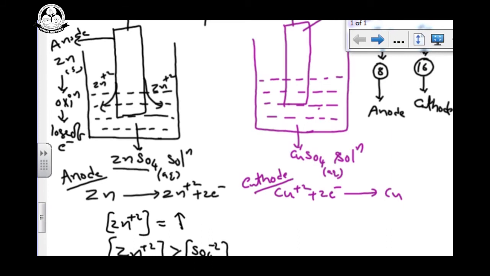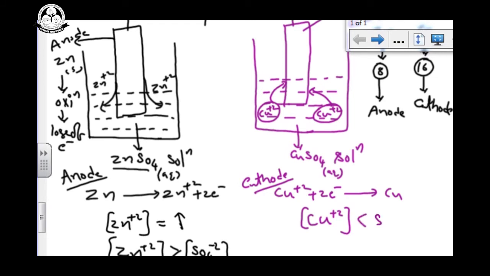Now, carefully observe copper ions. There are copper ions in our solution. Copper ions become copper, meaning these copper ions move towards the copper electrode. Already you know cathode is reduction. Reduction means copper ion becomes copper. Metal ion becomes metal. So after some time in our solution, copper ions will decrease, because copper ions go and deposit on the electrode.